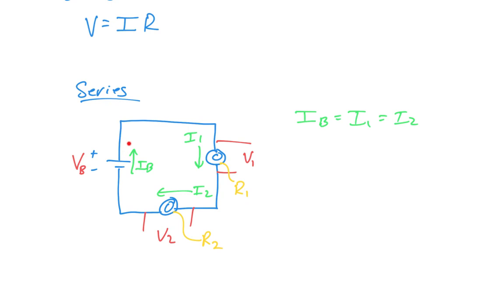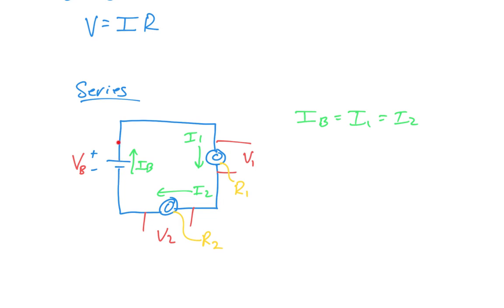So if we deliver 3 joules of energy to this light bulb, and it uses 1 joule of that energy per coulomb to convert it to light, we've still got 2 joules of energy left. This light bulb has to use up those 2 joules, because we have to end up back at the battery without any energy.